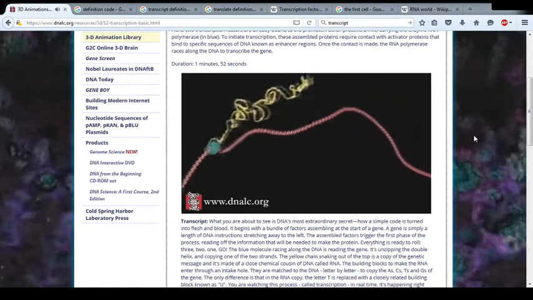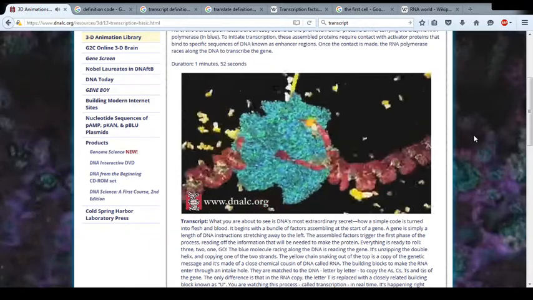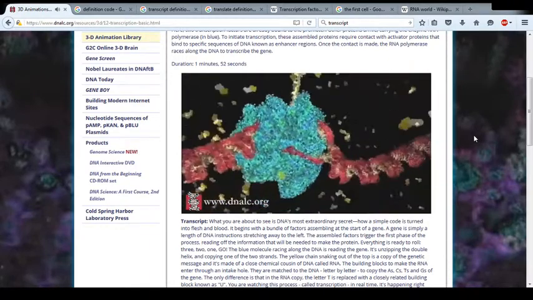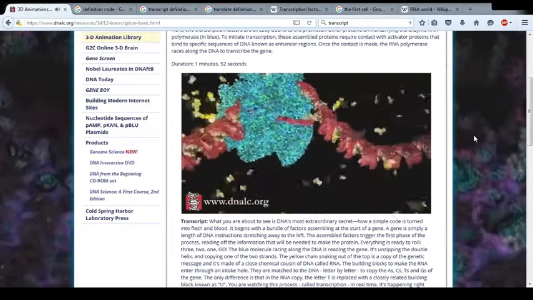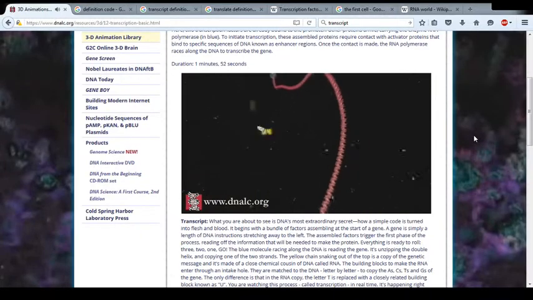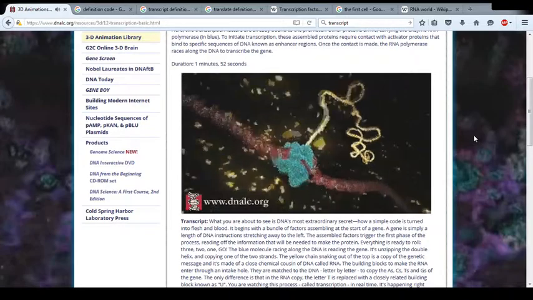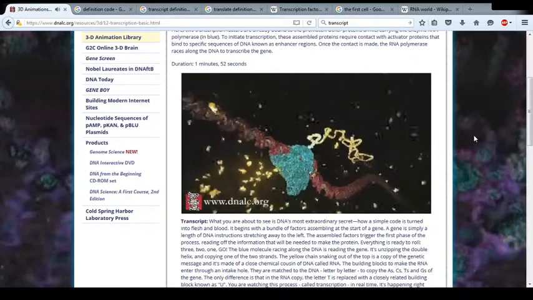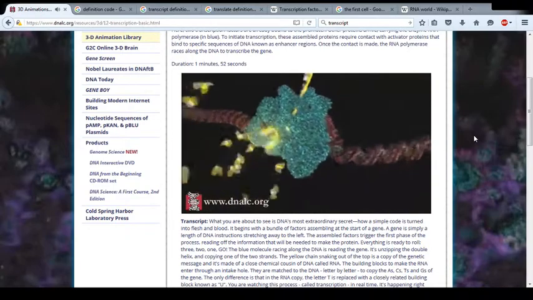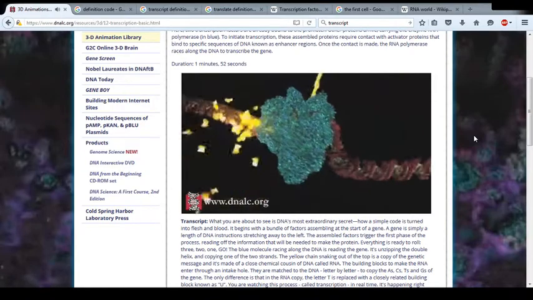The blue molecule racing along the DNA is reading the gene. It's unzipping the double helix and copying one of the two strands. The yellow chain snaking out of the top is a copy of the genetic message, and it's made of a close chemical cousin of DNA, called RNA. The building blocks to make the RNA enter through an intake hole.